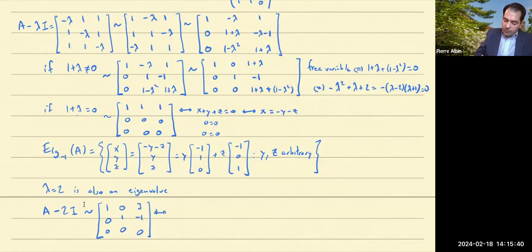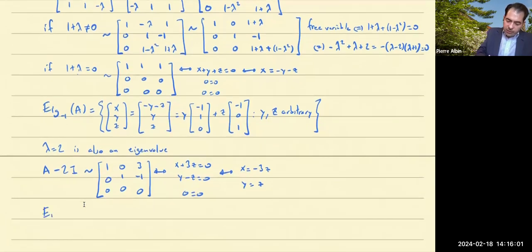If I translate this back to equations, I get x plus 3z equals 0, y minus z equal to 0, 0 equal to 0. Or if I rewrite the pivot variables in terms of the free variables, that's x equals minus 3z, y is equal to z.